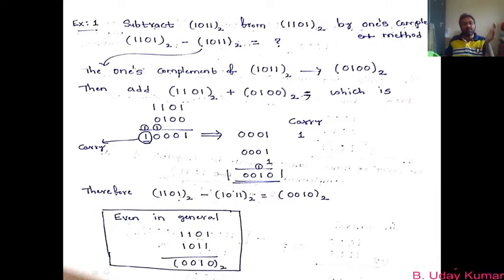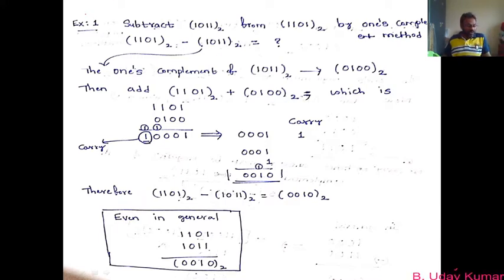I am taking the same examples of subtraction of one binary number from the other for the one's complement method and also the two's complement method, just for your understanding and clarity. And the answer should be the same if you subtract a binary number by using the one's complement method and also the two's complement method. Those things we are going to check now.